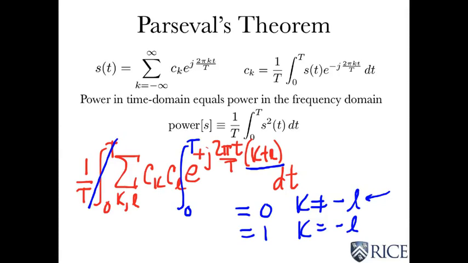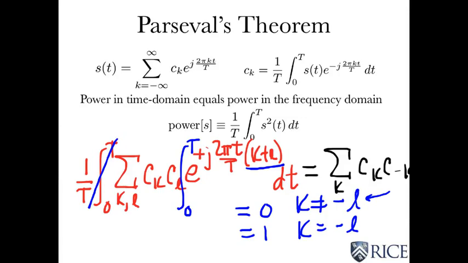It's equal to 1 when k equals minus l. Well, that's great. So this becomes equal to, and by the way, the 1 over T makes this a 1 up here, so we have the sum over k of c_k c_minus k.